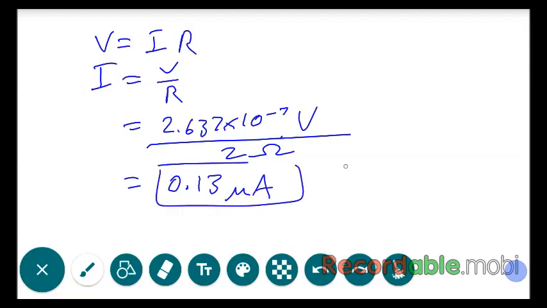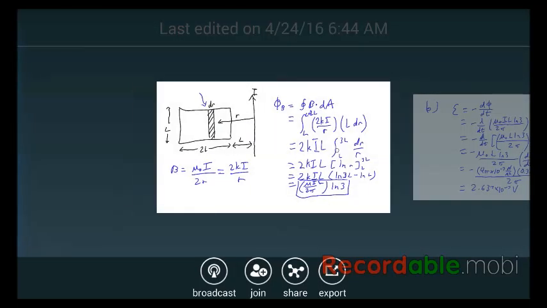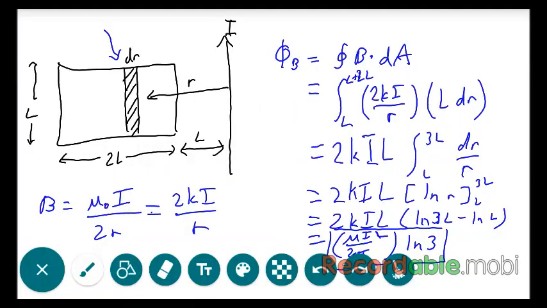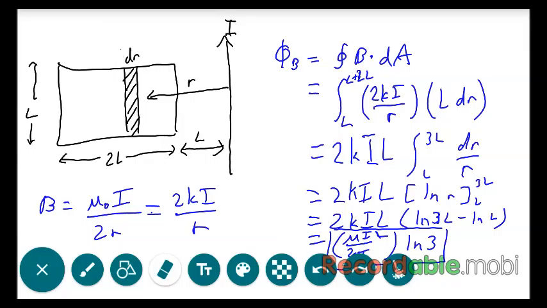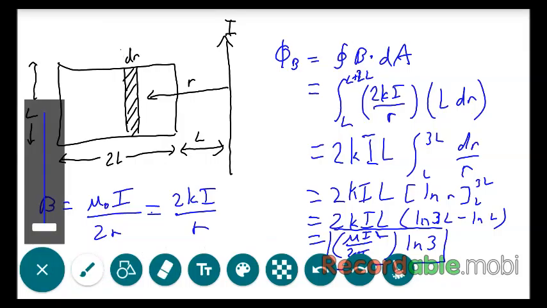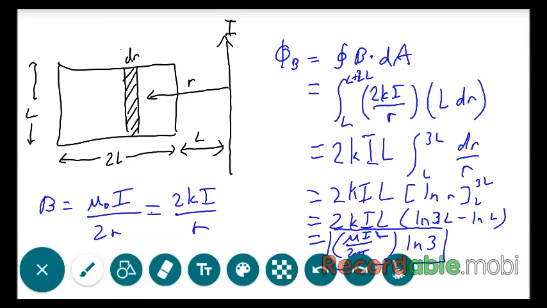Okay, lastly, to find out the direction of the current, we're going to look at our diagram again. Looking at this diagram, we see that the current in the long straight wire is going upwards.